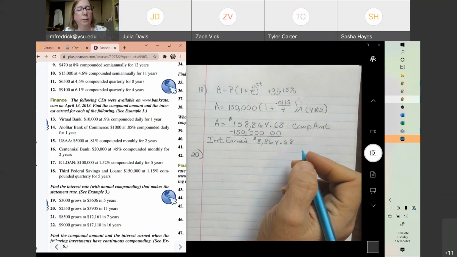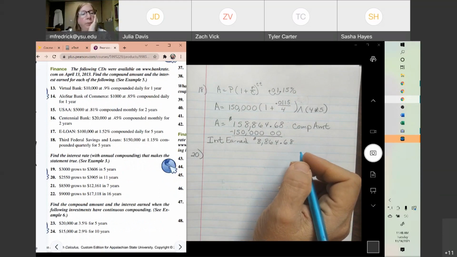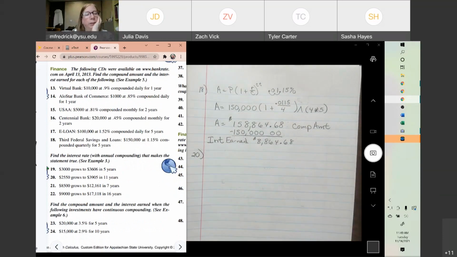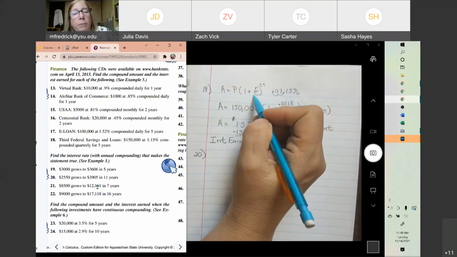Number 20. Find the interest rate with annual compounding that makes the statement true. So if we look at number 20, we're given a starting amount and it grows to 3,905. So we're given A and P and we're given the number of years. We also were told it's annual compounding and we're looking for R. So we want to use this formula because it's a compounded amount.